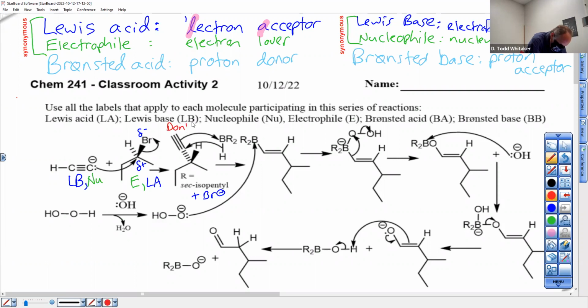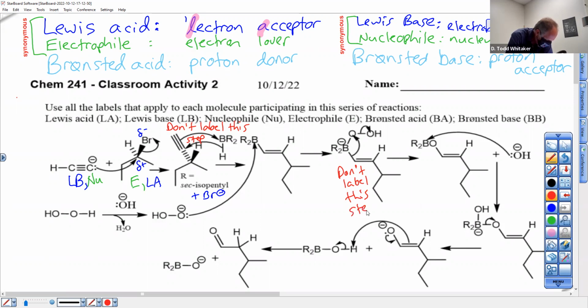Don't label this step. And I'm also going to say the same thing right here, because there's not even two reactants in this one. You can't label if there's not a nucleophile attacking an electrophile. That's what those labels are for.